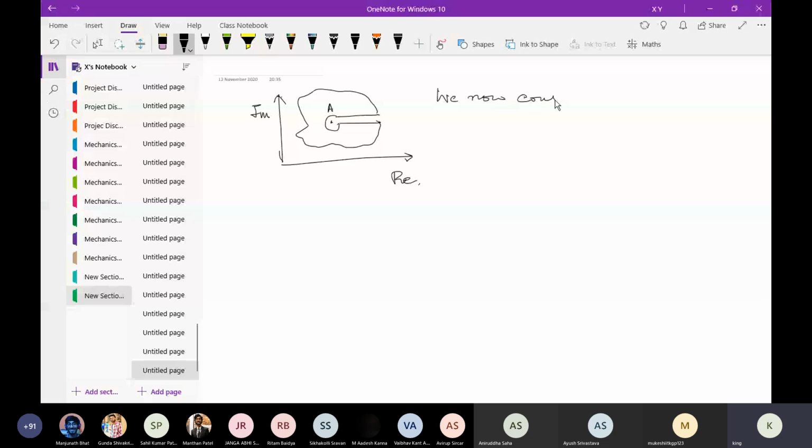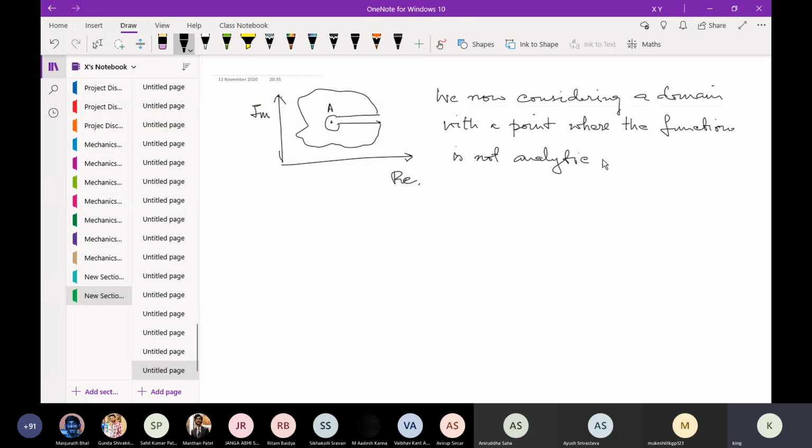So we are now considering a domain, in other words, how to deal with poles, and this is where we get to understand how this has relevance to the Nyquist plot, because our Nyquist contour, well, what do we do when we are dealing with poles along the contour that we are going to take?